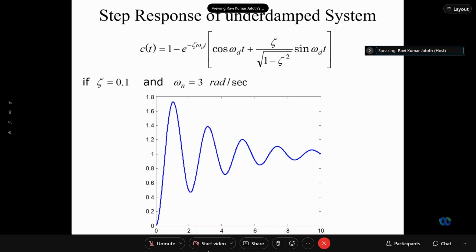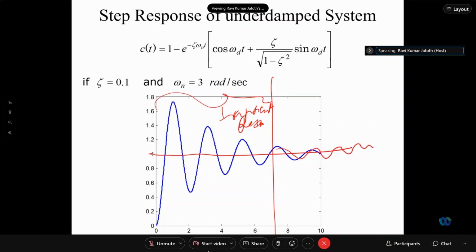So I am giving an input of step input. In the beginning it will be dynamically changing, what we call transient response. And after some time, it will be in the allowed limited range, which is called steady state response.